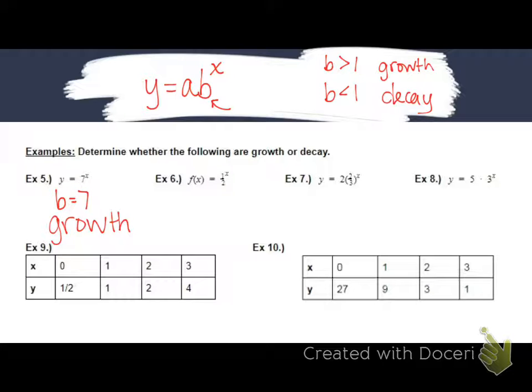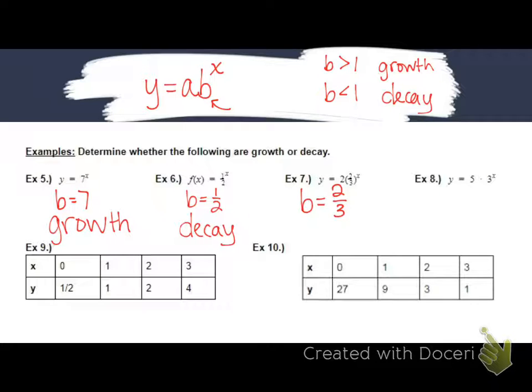So on number 6, what is our b? B is 1/2. Is that greater than 1 or less than 1? Less than 1, so this would be decay. Now on number 7, we see 2 numbers there. Which one is the b? 2/3. I know it's printed kind of small. B is 2/3.